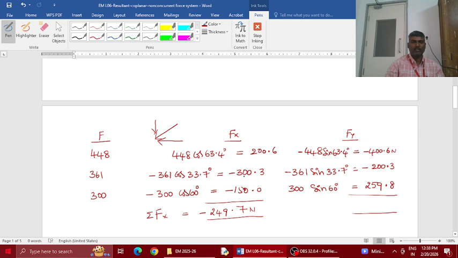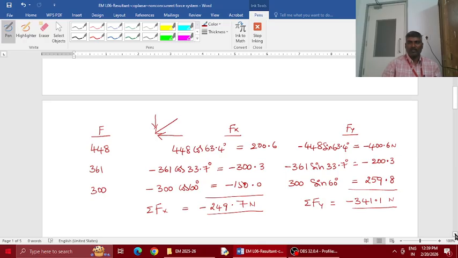So first add these and deduct with this. Similarly, y components sum. So summing all these according to the sign will give you minus 341.1 newtons. Okay. So these are x components and y components sum.